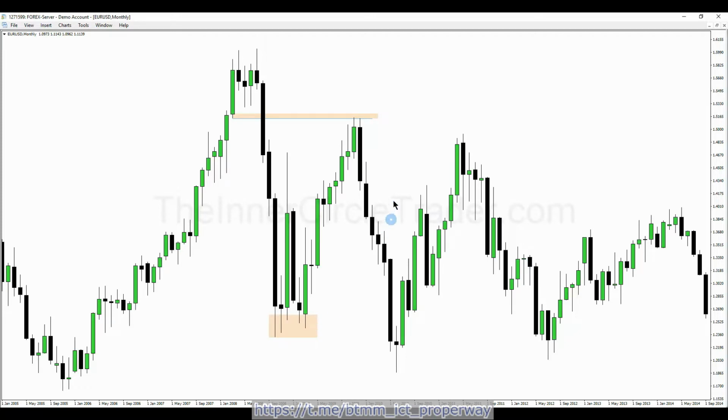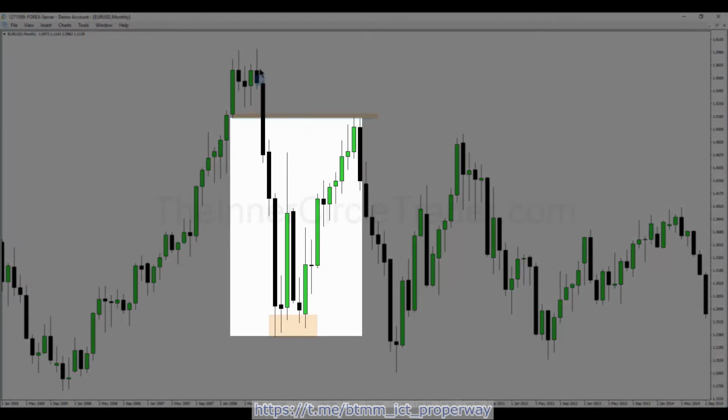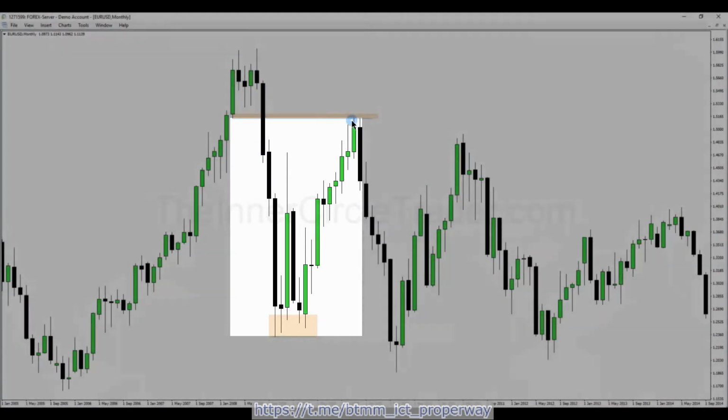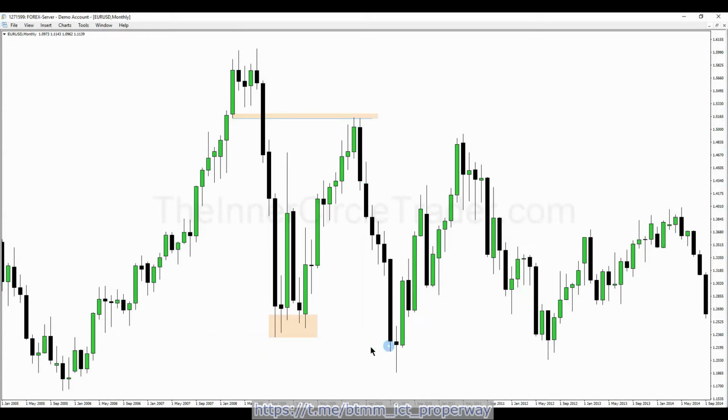Now, if we're looking at the monthly chart like this, and we think that there's going to be a high level of sensitivity up here, why? Because it's already come up and closed in this range by coming up to this level here, and the market is most likely going to trade lower and seek the liquidity below these lows in here.